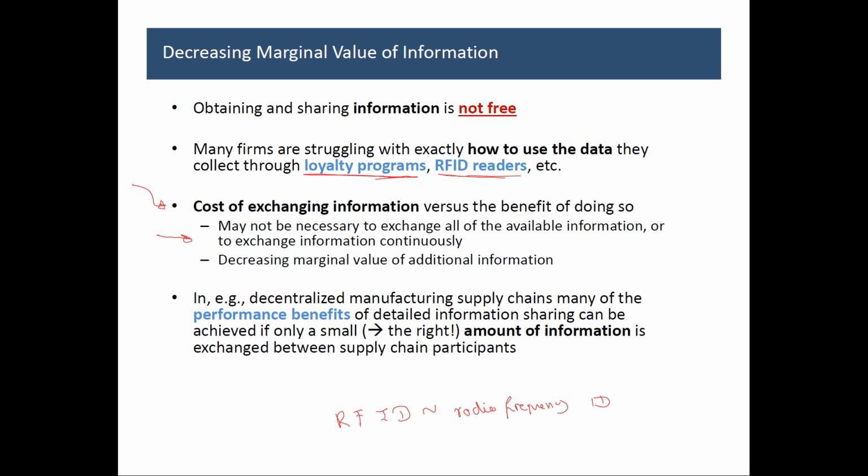And the more information or data that we collect does not necessarily lead to a higher value of information. So at a certain stage, we have a decreasing marginal value of additional information, meaning that we have already reached a very high level of data that leads to a very high level of value. And if we collect more and more data, then the value decreases.